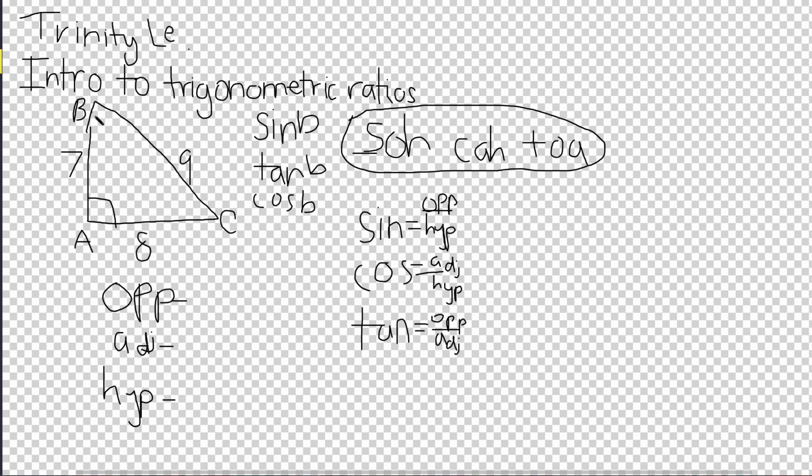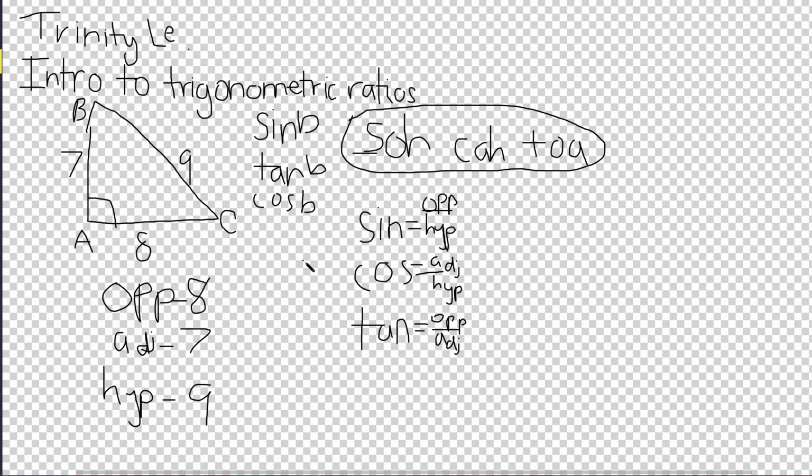So the opposite of b in this case, it's across from b. So in this case, across from b would be 8. So opposite is 8. Adjacent would be the closest number near b. So that would be 7 in this case, because 9 is the hypotenuse, since 9 is the longest length in the triangle.